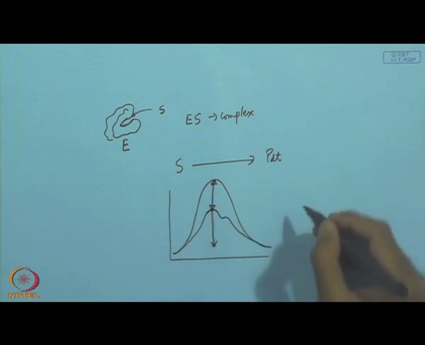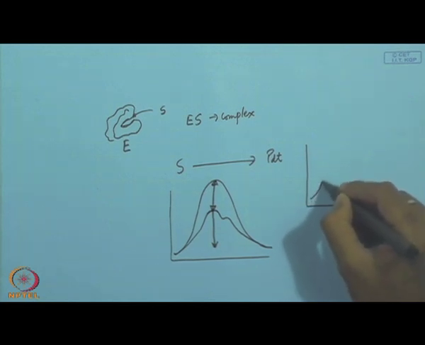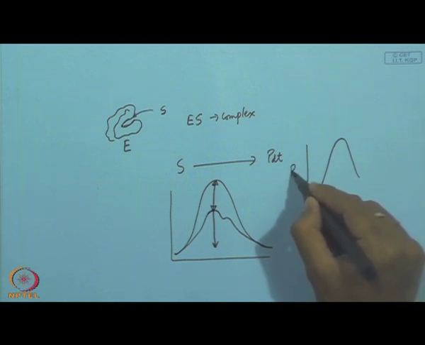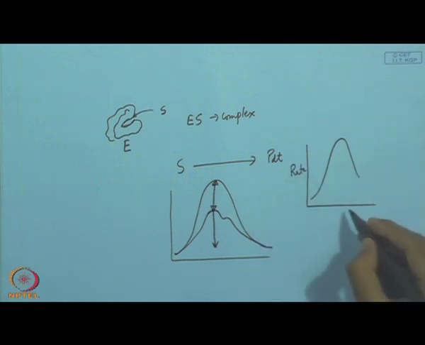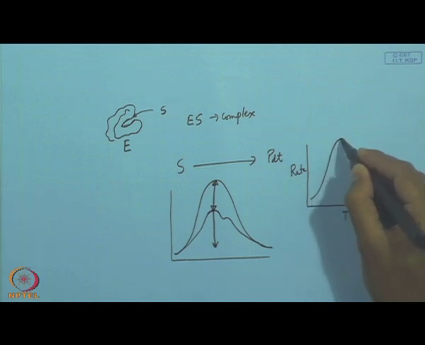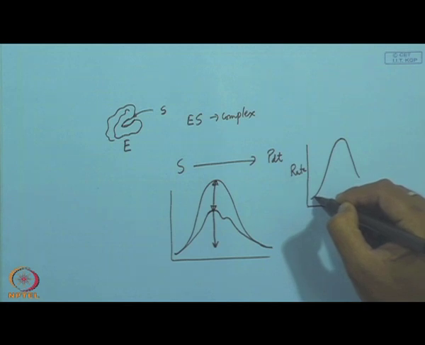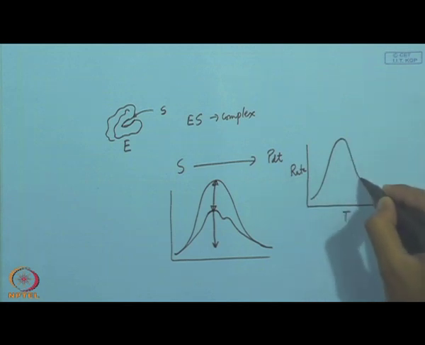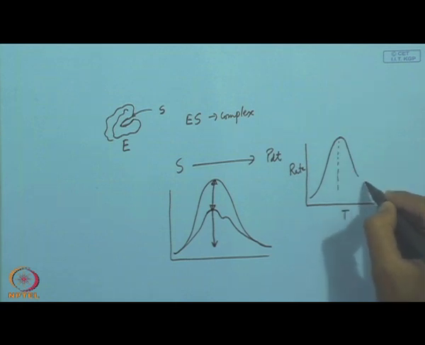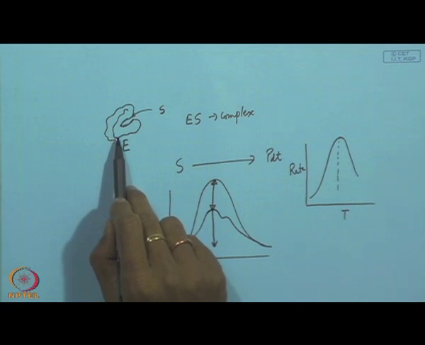Another important point is that if you plot rate versus temperature for an enzyme-catalyzed reaction, you will see that it has an optimum temperature. Below this temperature, the process is not very facile, and above this temperature the rate is also reduced, because these biomolecules are very temperature sensitive.